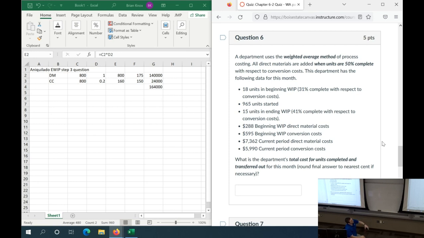Whereas this one is a question that we have to figure everything out for. This is a comprehensive question because I don't see any line that tells me what the total equivalent units are, or a rate, a cost per equivalent unit number. So we're going to have to do all of that stuff in this question. So let's go over this.